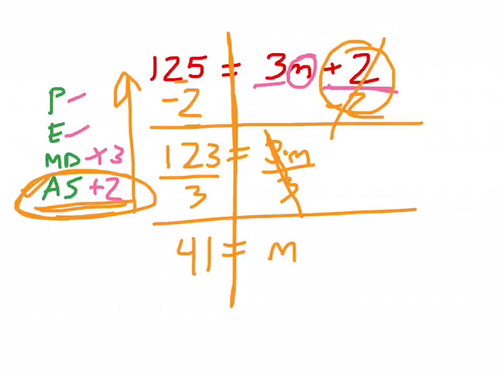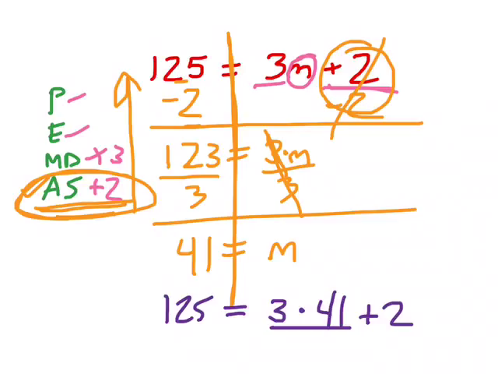Again, I'm going to come back probably and check, does that work? 3 times 41 for m plus 2, following order of operations. Does that equal 125? Well, 3 times 41 is 123, plus 2 does indeed make 125, so I'm good. I've checked my answer.